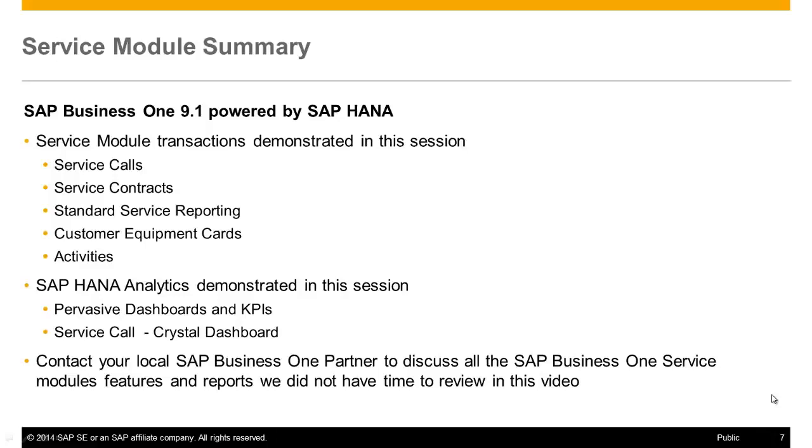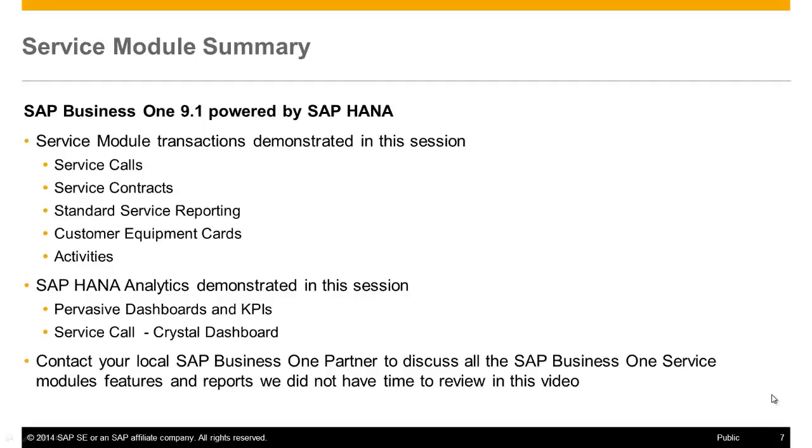During the previous two demonstration scenarios, we saw how SAP Business One 9.1, powered by SAP HANA, delivered powerful analytic tools and transactions to facilitate two key service department users in the efficient and integrated support of their customers' questions and issues.